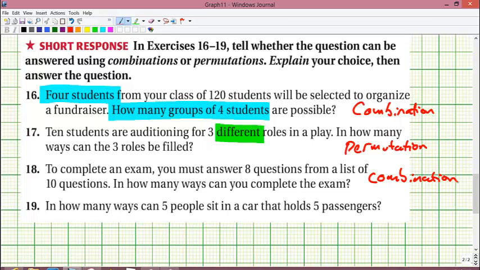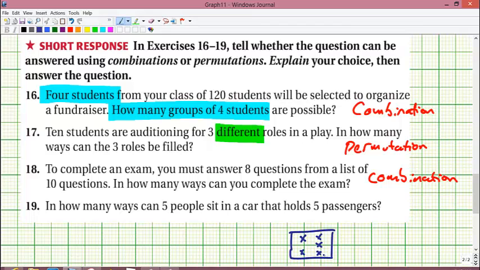And lastly, in how many ways can 5 people sit in a car that holds 5 passengers? This is slightly less obvious, but I think this is also not too difficult if you think about the situation. Let's quickly draw a sketch. You've got 5 passengers in a car. Presumably there's a driver and a front seat and then 3 in the back. Each of those positions is a different place.